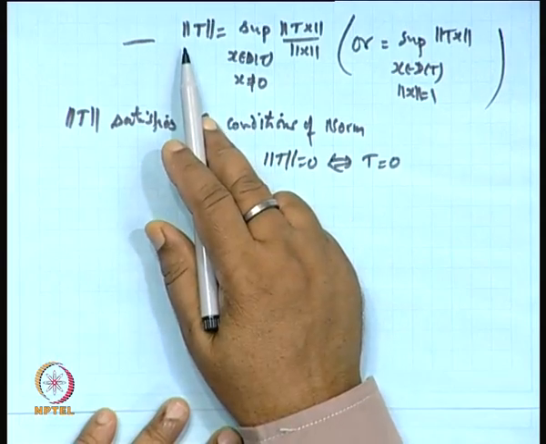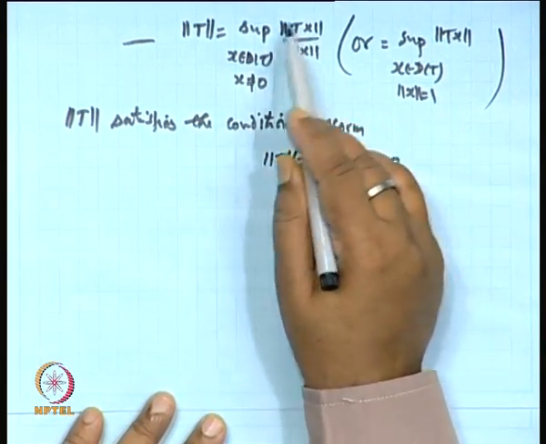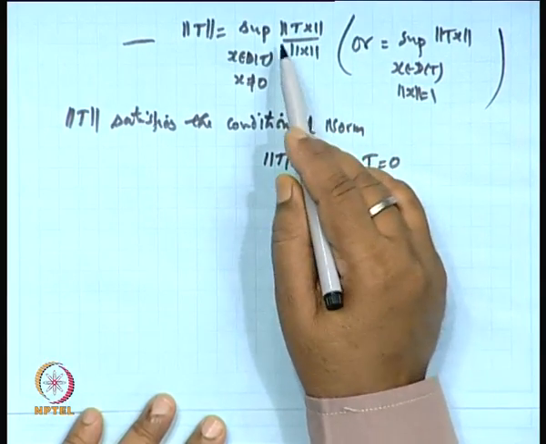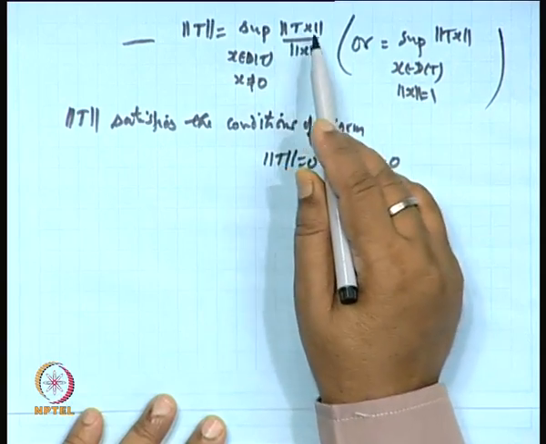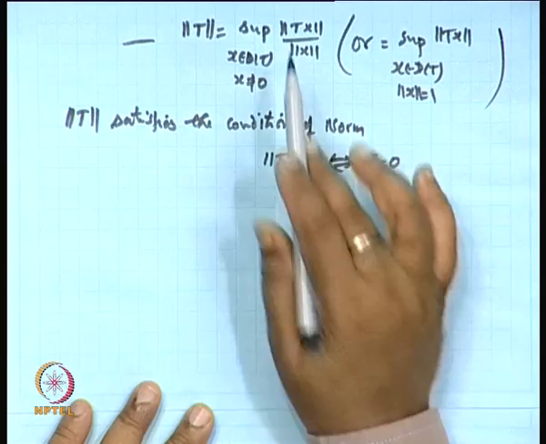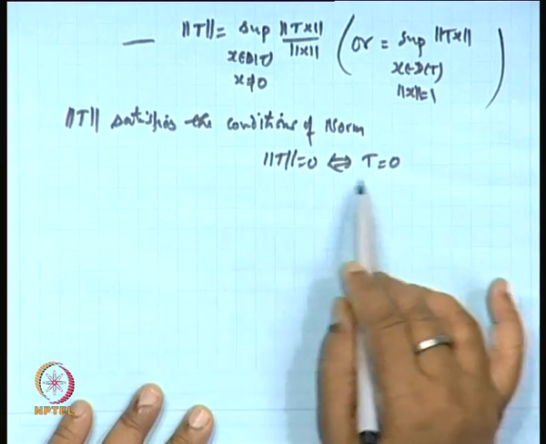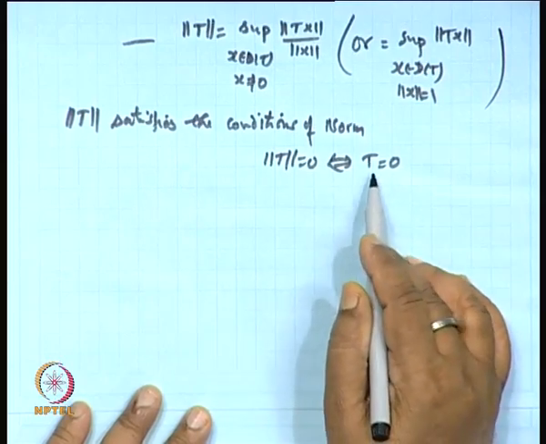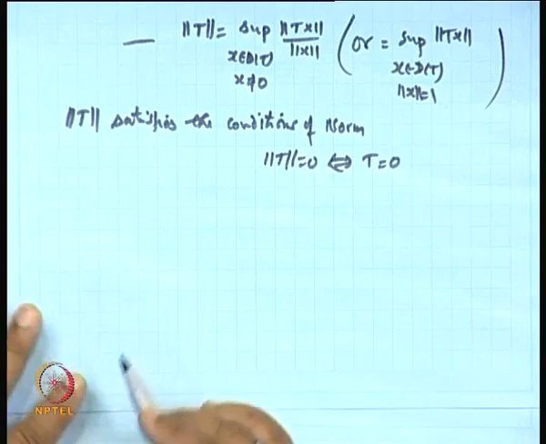Because if it is 0, then according to this the supremum has to be 0 for all x. If norm of Ty is 0 for all y where norm y is 1, then it is only possible when T is 0. And vice versa: if T is 0, this entire part will be 0 and we get norm T is 0.